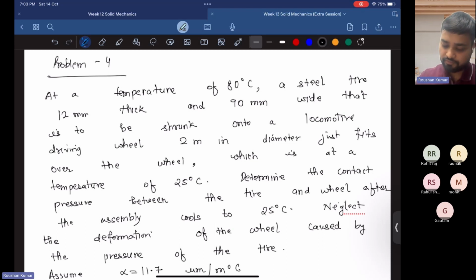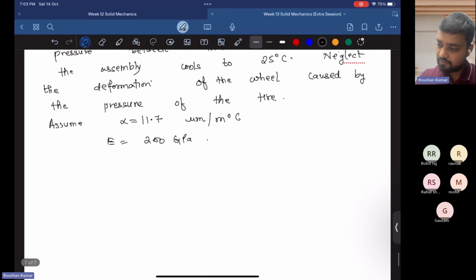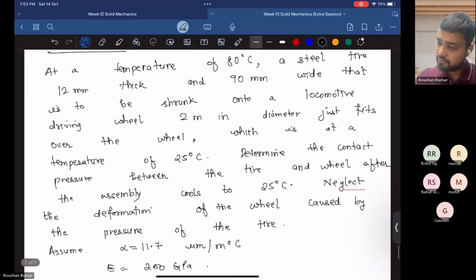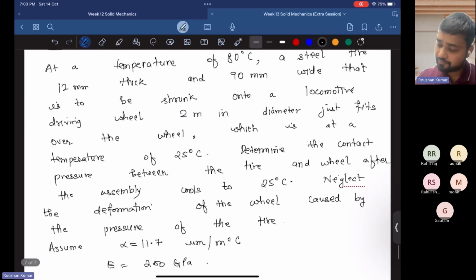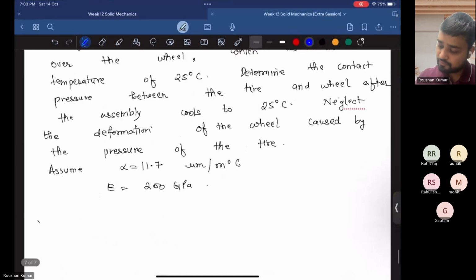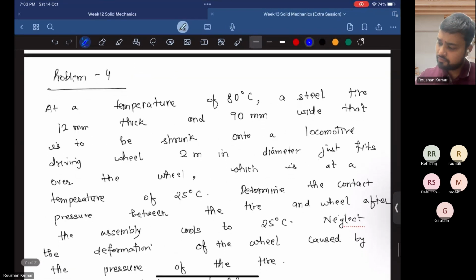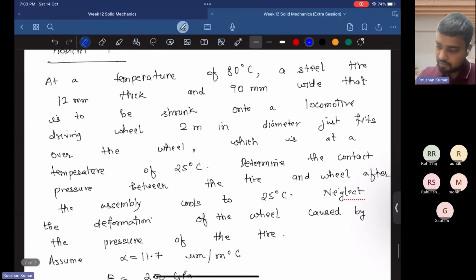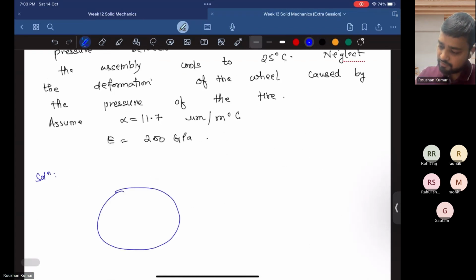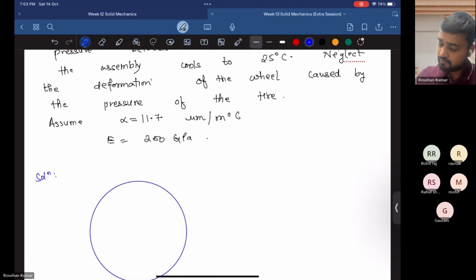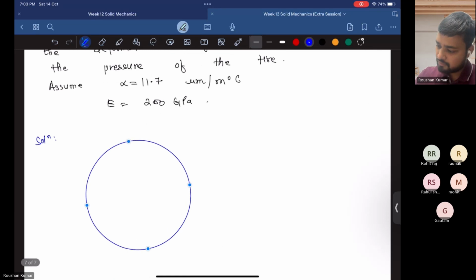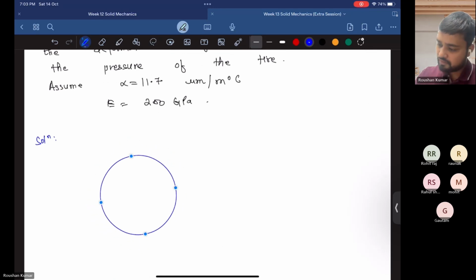So let's start with the solution. Suppose this is the wheel.